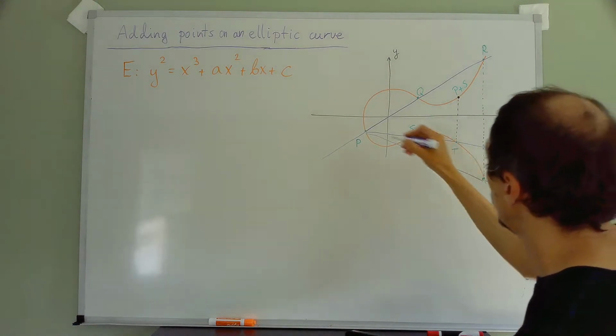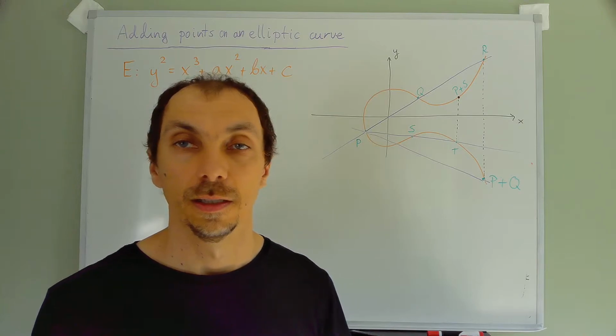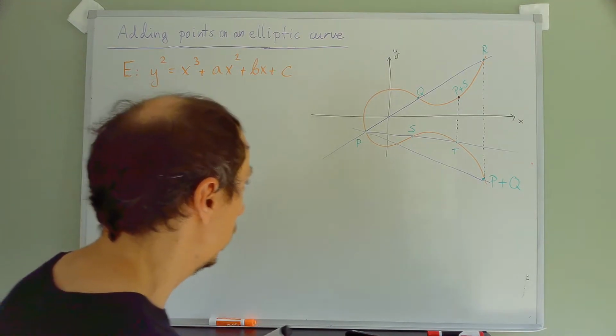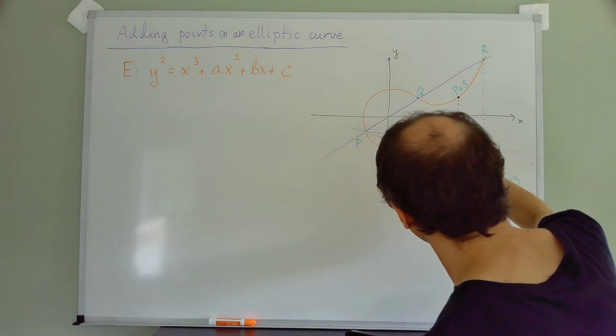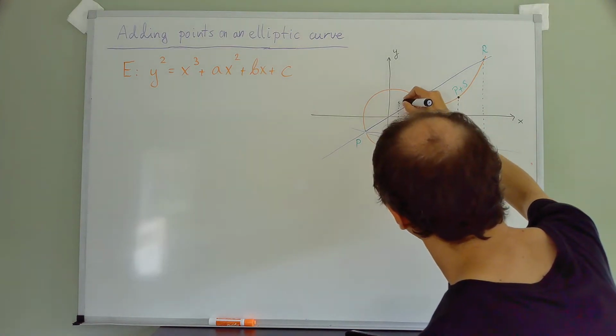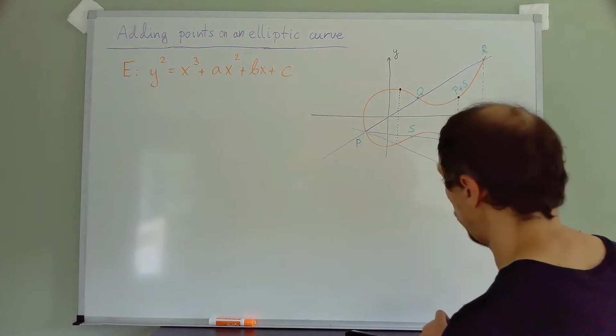It should give me a third point of intersection. Do you see it? Yep, it's right here. It's right at that point. I'm not going to give it another name because the picture is becoming difficult to read. This is P plus Q.